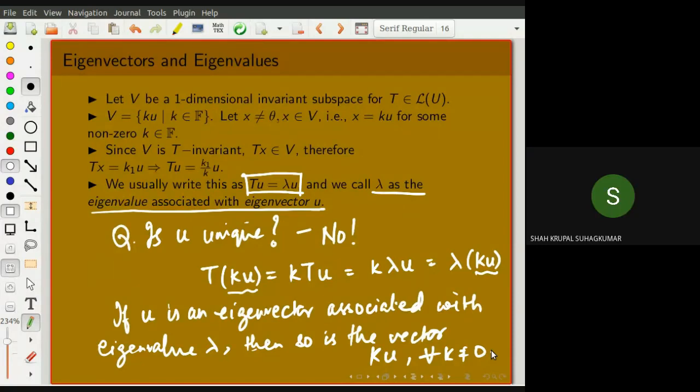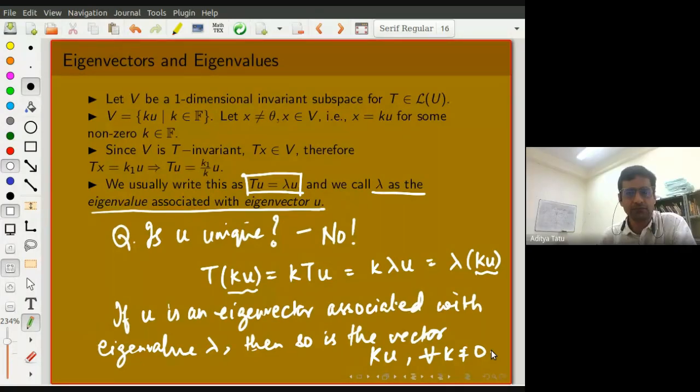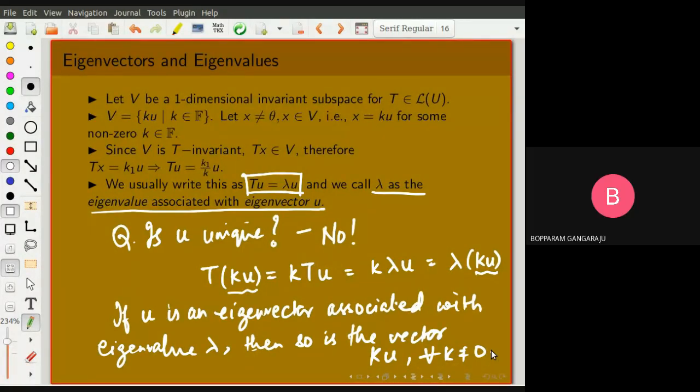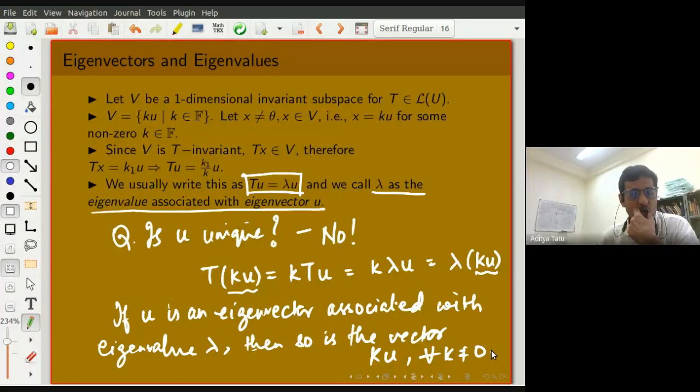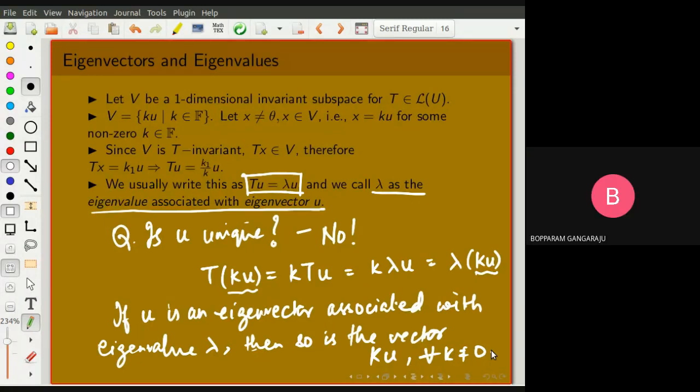Yes. So then what is the problem? Why don't we call theta an eigenvector, or can we call theta an eigenvector? And we cannot know what is the eigenvalue. We cannot use an eigenvalue for that.